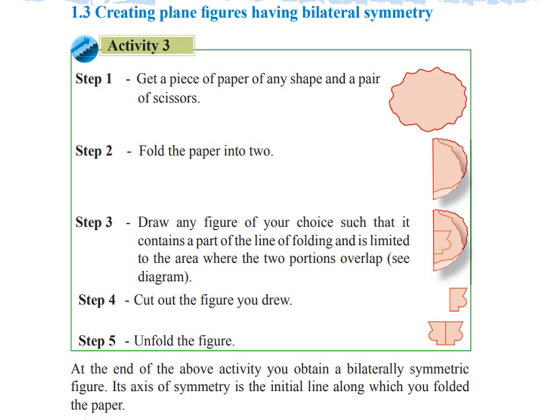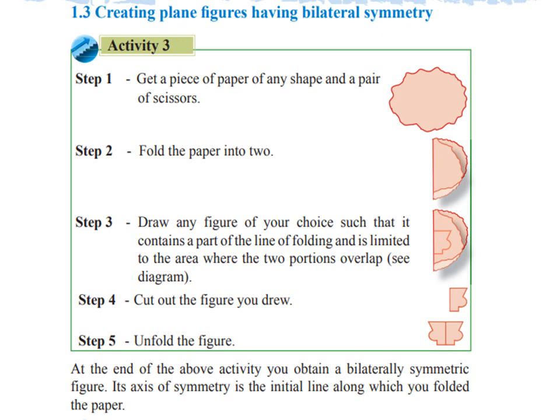You can get a figure which is bilaterally symmetric. In the textbook, in step 3 they drew half of a vase, and they cut it, and then they unfolded it, and they got the axis of symmetry.